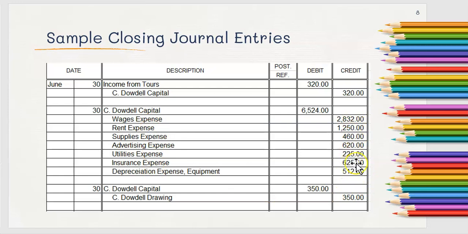And they are then closed into the capital account, and it's debiting the capital account by the total amount of our expenses. So they are decreasing the value in our capital account. And then we have our drawing, which to close, we credit it, and it's closed into the capital account. And we know that that is decreasing the value of our capital.